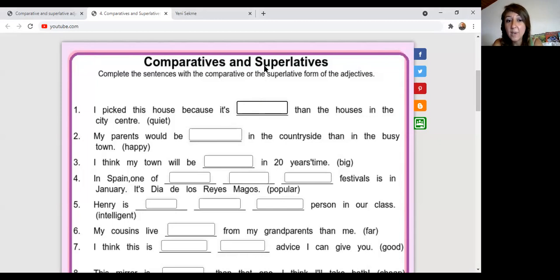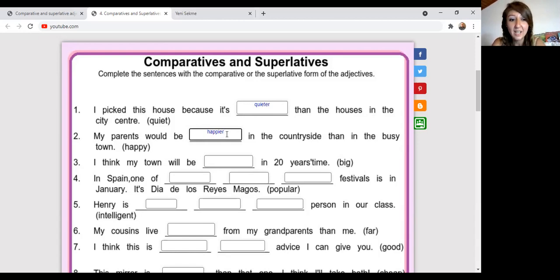Ayşe: I picked this house because it is quieter than the houses in the city center. Yes, quieter. Very well. And Ali: my parents would be happier in the countryside than in the busy town.